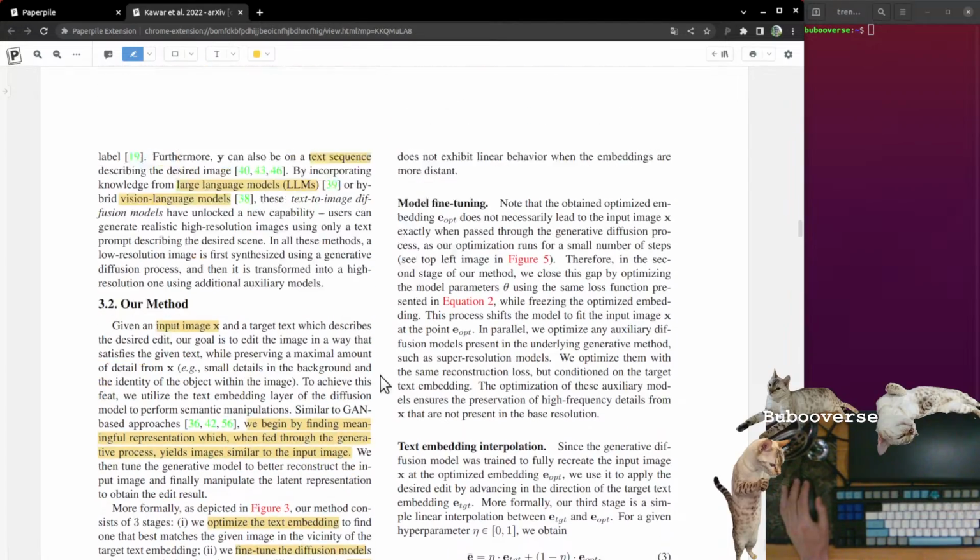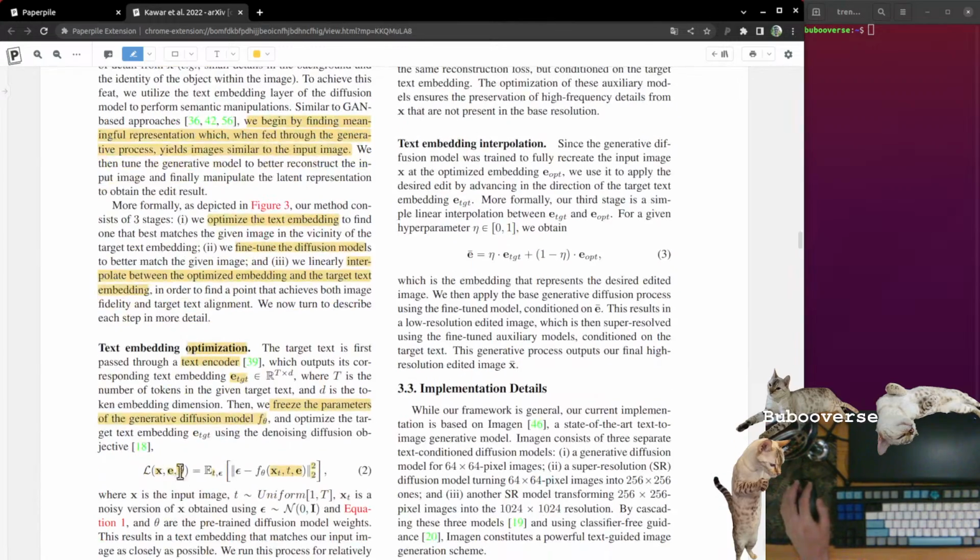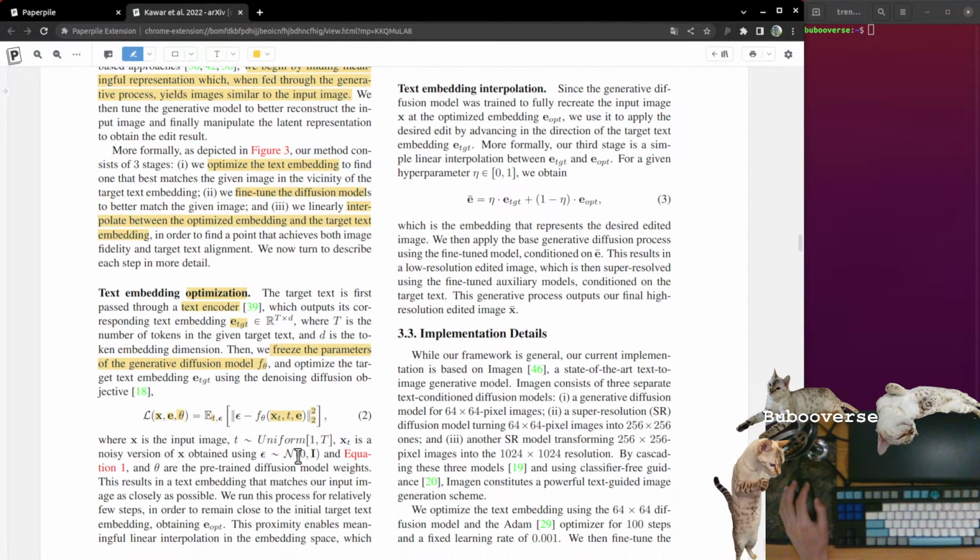So this is kind of what we were seeing up here, where you can condition the network to also take any arbitrary vector y, and in this case, the arbitrary vector y that we're giving it is these embeddings. x is the input image, t is sampled from the uniform distribution of 1 to T, so they randomly sample a time step t. x of t is a noisy version of x, right?